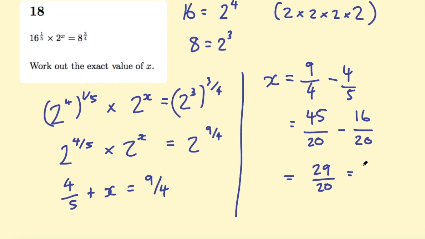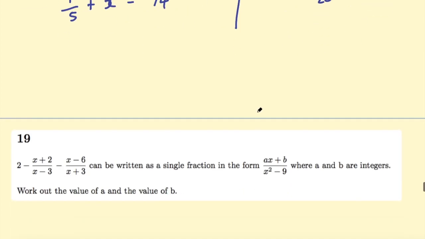And you could leave it like that, or you could change it to a decimal, 1.45. So x equals 1.45 there. Again, I think if you realize the trick at the start of the question, this is quite simple.